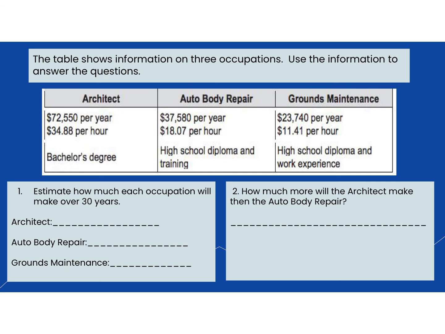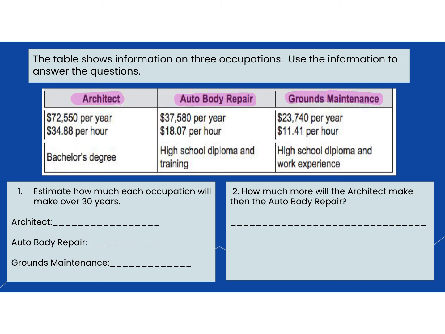Let's solve one more example together. The table below shows information on 3 occupations. We'll use the below information to answer the questions. So we have an architect, auto body repair, and grounds maintenance.